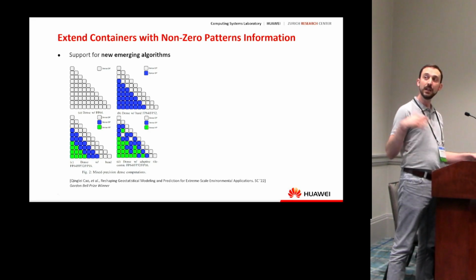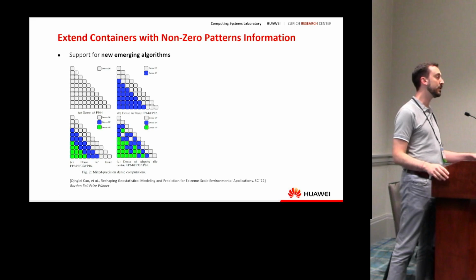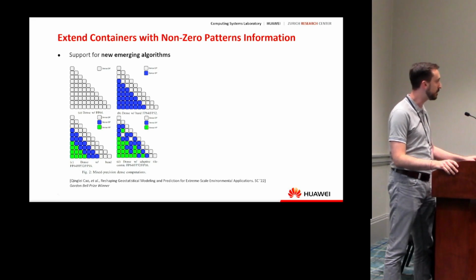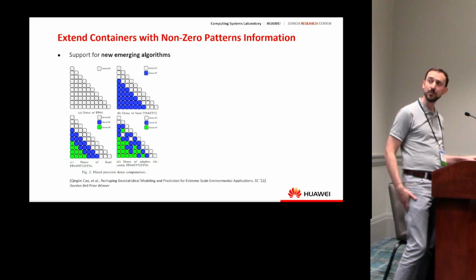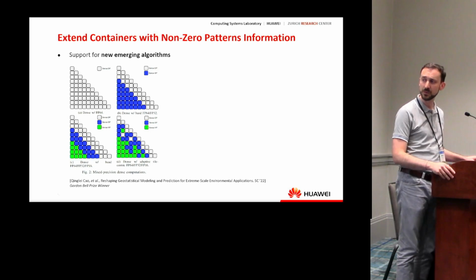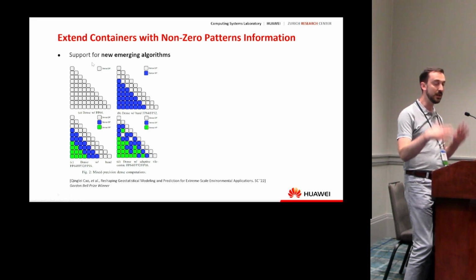So if you want to go into old but also new emerging algorithms, you need the concept of structure as part of your interface. For example, here I'm showing a recent work from supercomputing where they were trying to implement essentially a Cholesky decomposition.